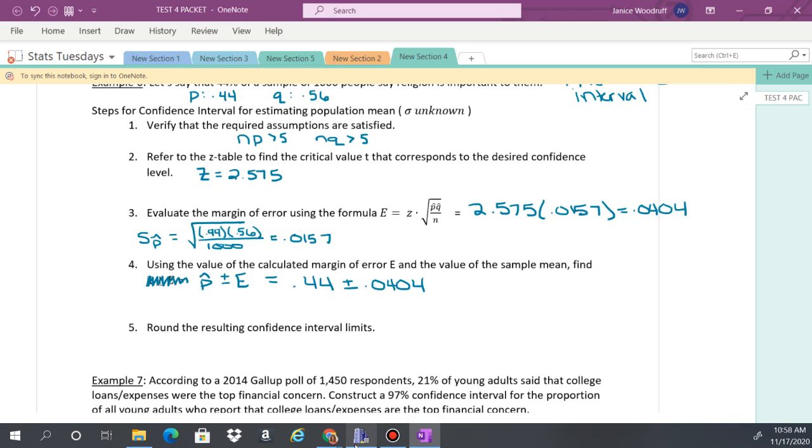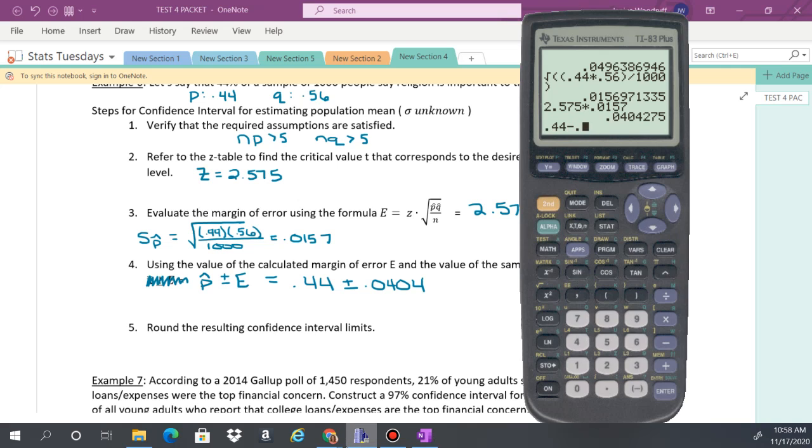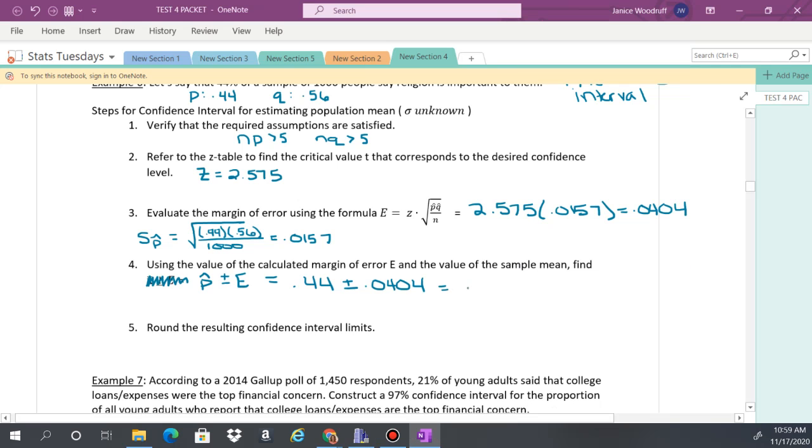So 0.44 minus, we get 0.3996, and then plus, we get 0.4804. So our confidence interval, 0.3996, 0.4804. All right, and round however it's asked.